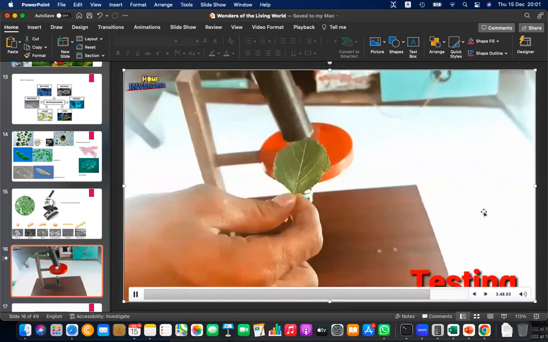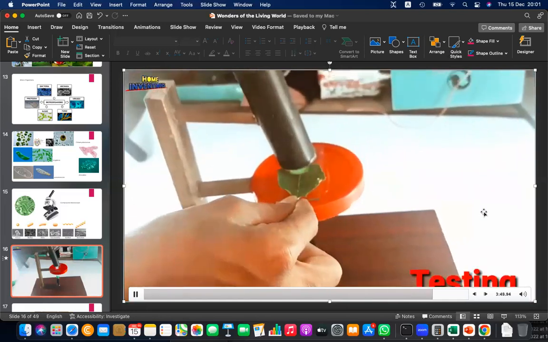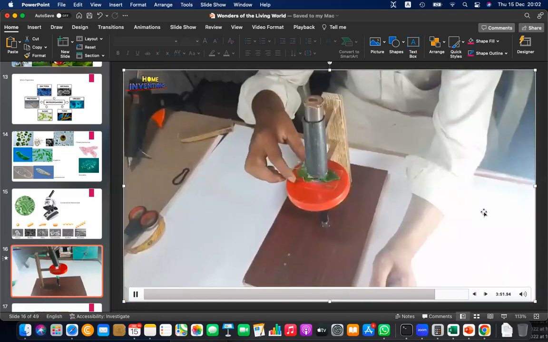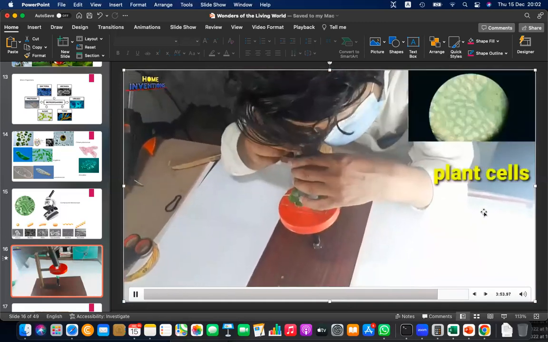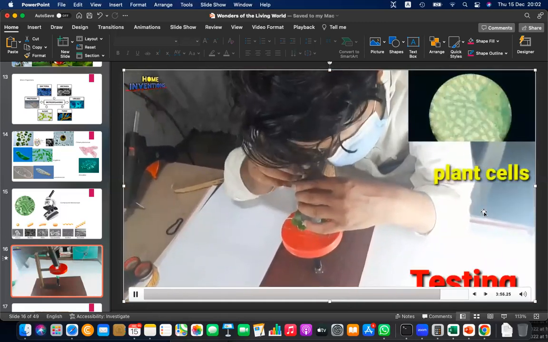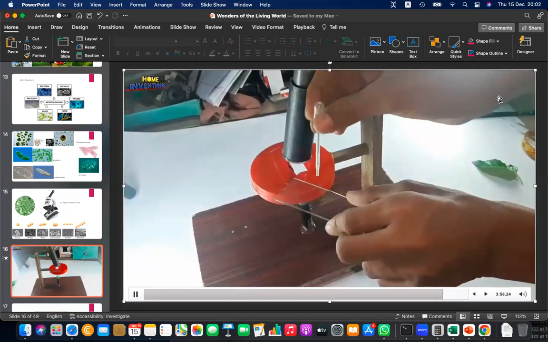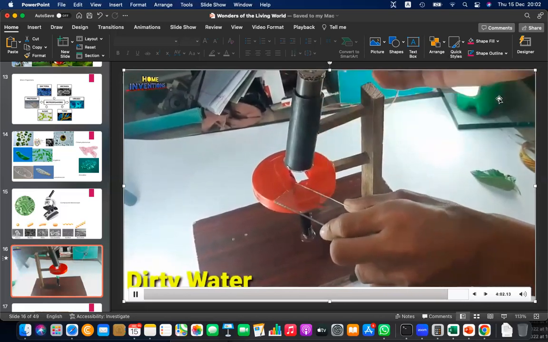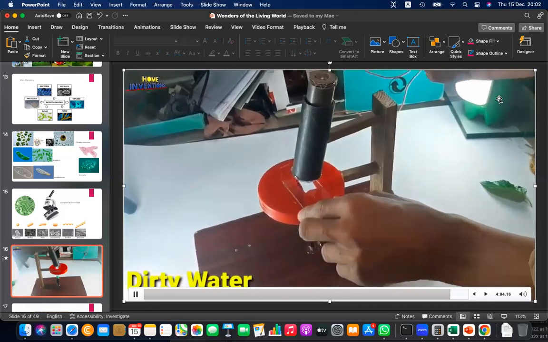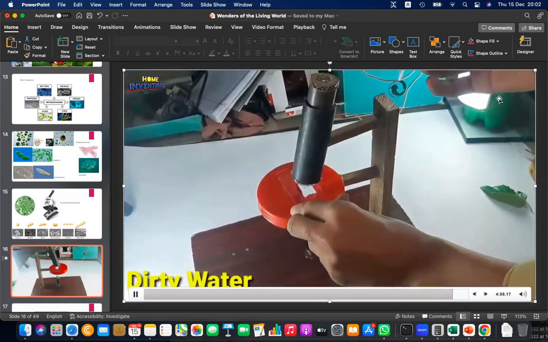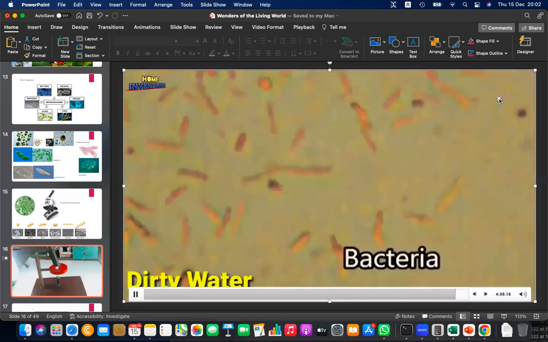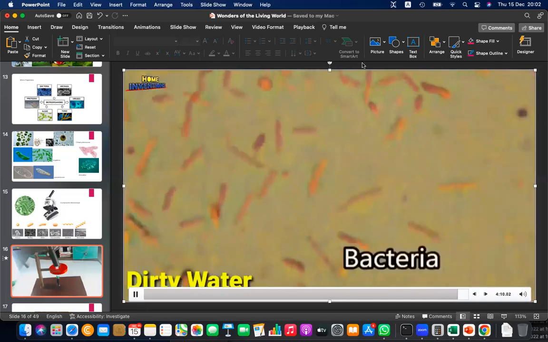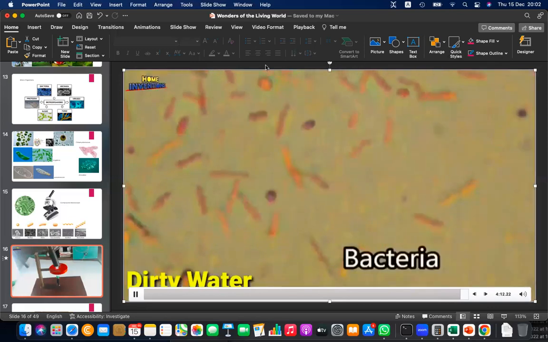Here he's looking at a leaf and the variation of it. See the preview on the side. This is, I think, dirty water, hay infusion you can use. Can he see the microorganisms? Oh, the bacteria. Right?